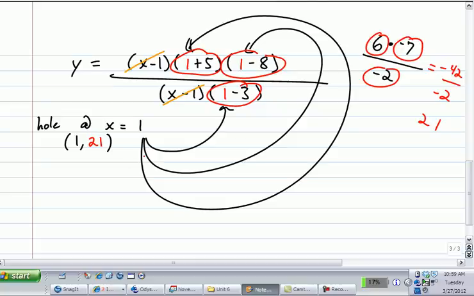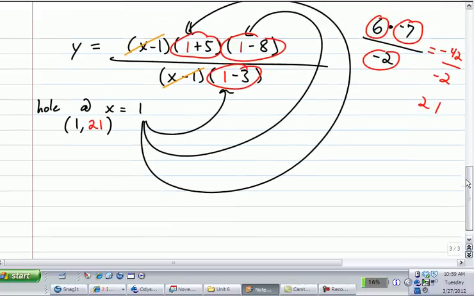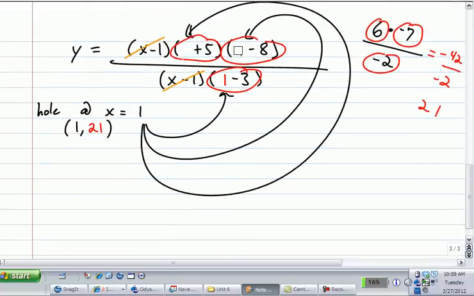And with the top, the x-intercepts being negative 5, 0 and 8, 0. So you guys can go ahead and do the intercepts, the x and the y.